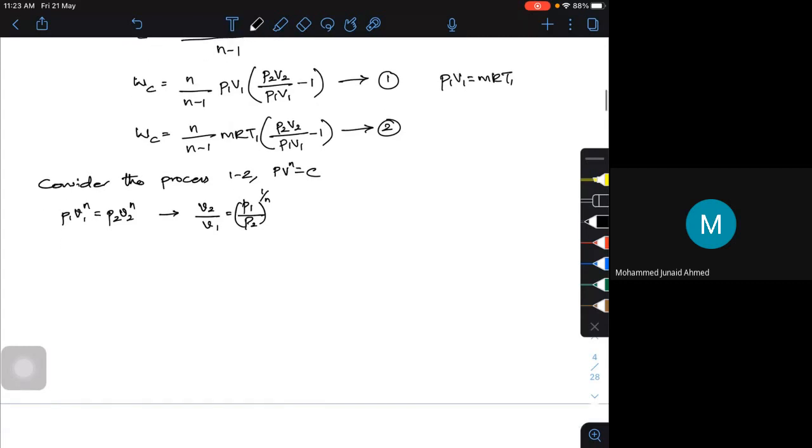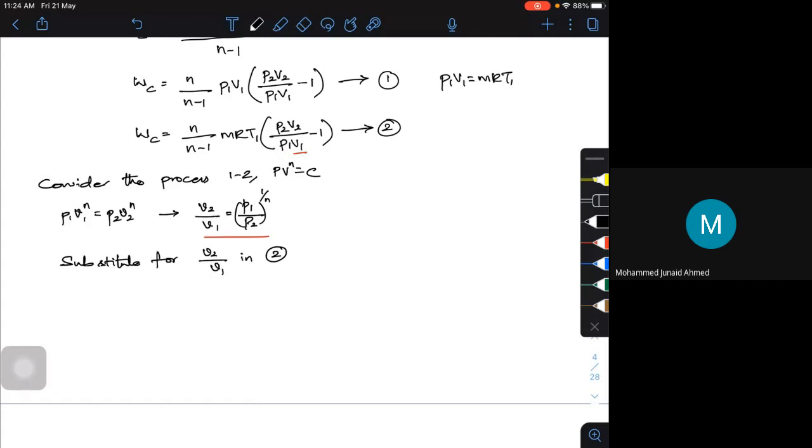So I am going to substitute for V2 by V1 in equation 2 from this expression.